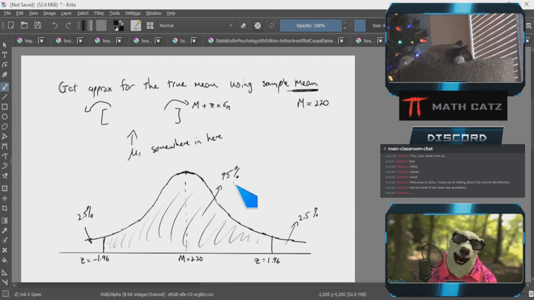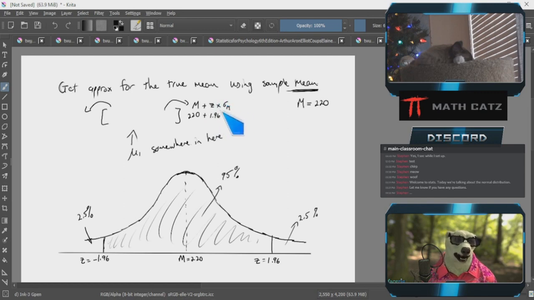So we build it slowly out from our best guess. If we do that, of course, this is 220 plus our 1.96.